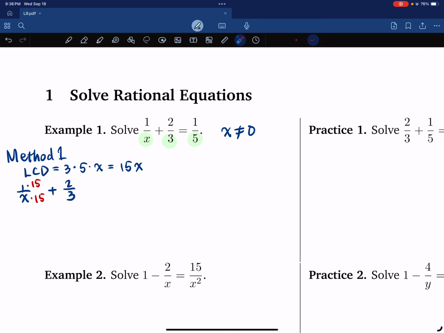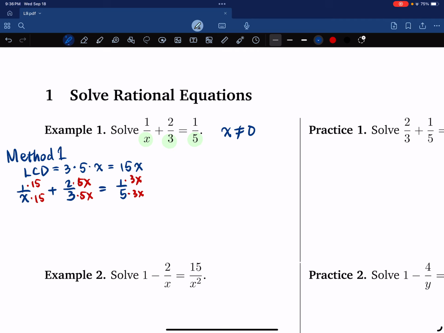So we need to multiply both the top and the bottom by 5x. Equals 1 over 5. We also need to do the transformation. This one, if you compare it to the LCD, it's missing 3 and x. So we need to multiply both the top and the bottom by 3x.